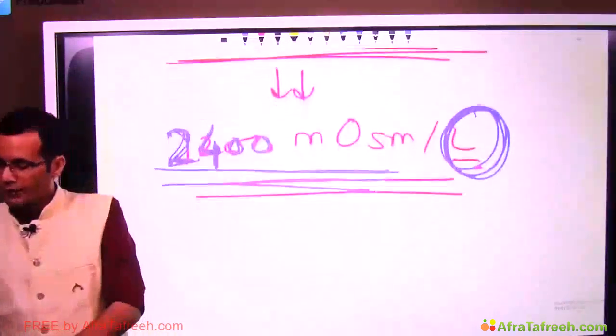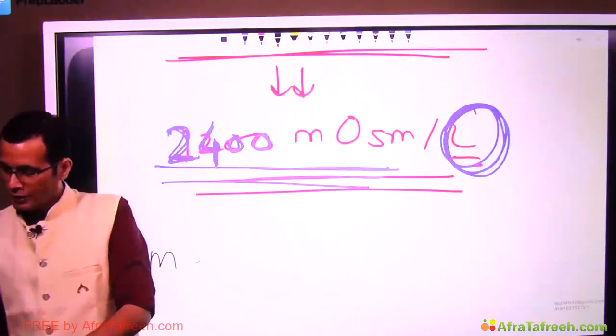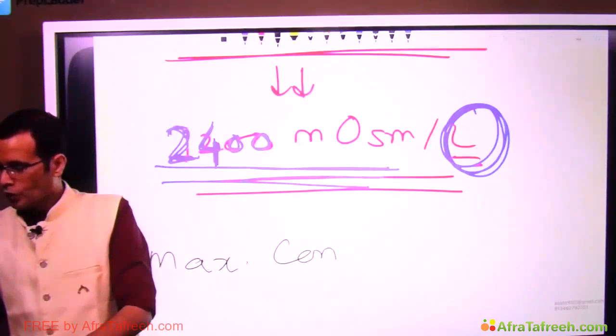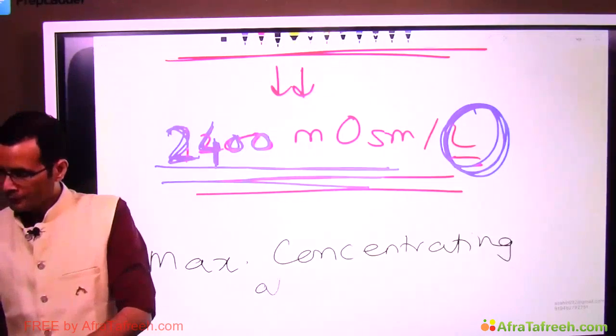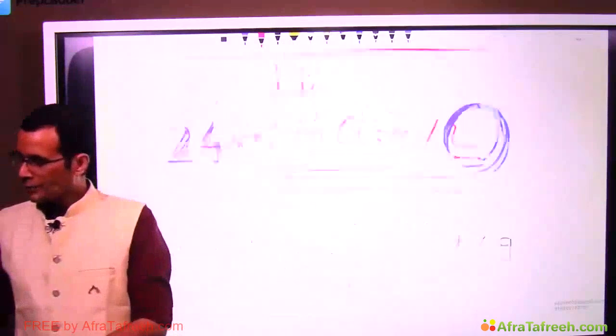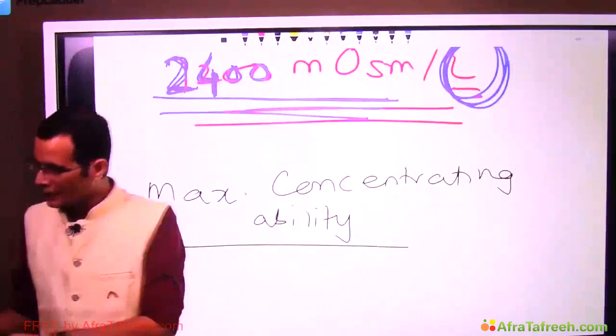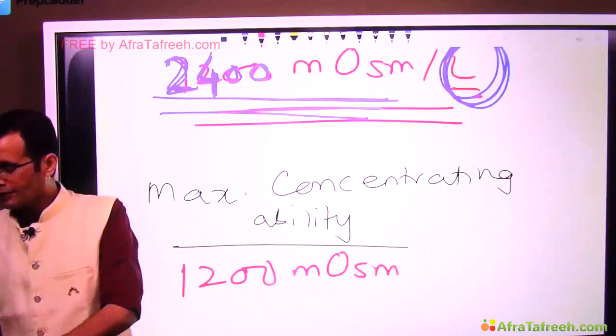Now, one key factor that you should know in this is the maximum concentrating ability of the kidney. This you should never forget. Maximum concentrating ability of the kidney is 1200 milliosmoles per liter.